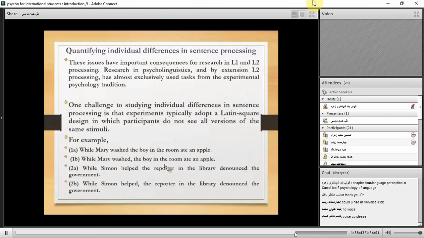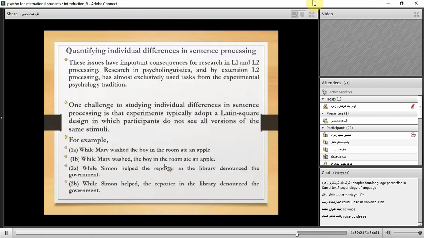The temporary ambiguity arises in 1a and 2a because the boy and the reporter may be initially interpreted as the direct object of the preceding verb. When it is the subject of the main clause, as in the examples of 1b and 2b, they are unambiguous controls disambiguated by a comma.